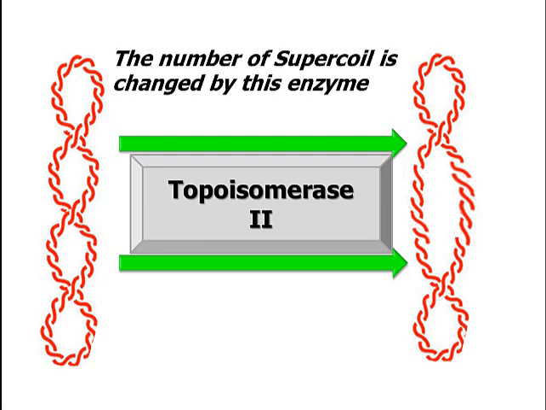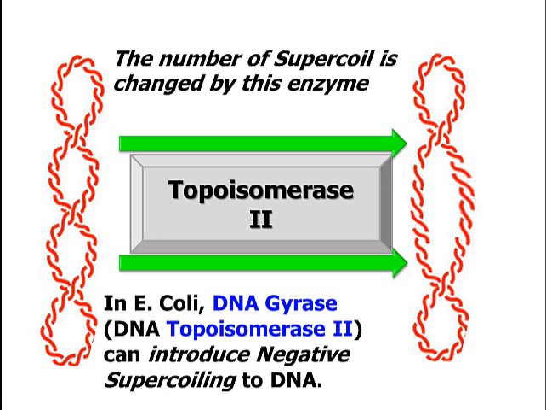Also, you can see why in E. coli DNA gyrase, or DNA topoisomerase 2, can introduce negative supercoil to DNA. Remember that in E. coli topoisomerase 2 is also called DNA gyrase. I hope here you have a better understanding of the way that topoisomerase 1 and topoisomerase 2 act.